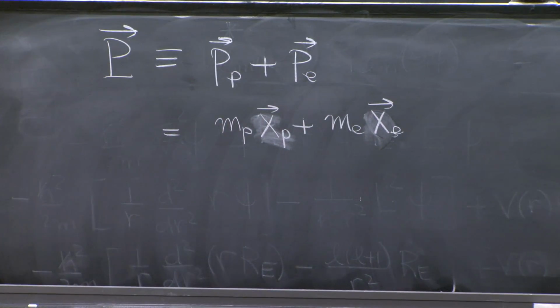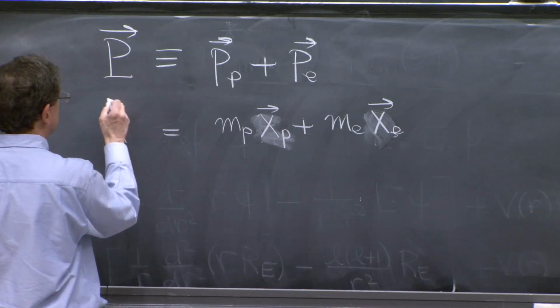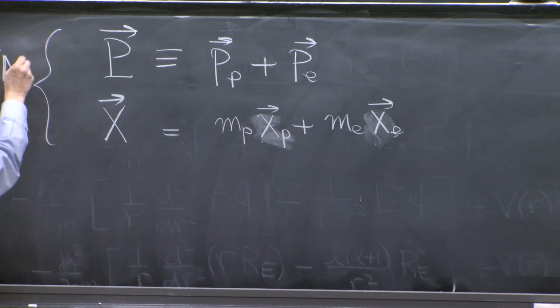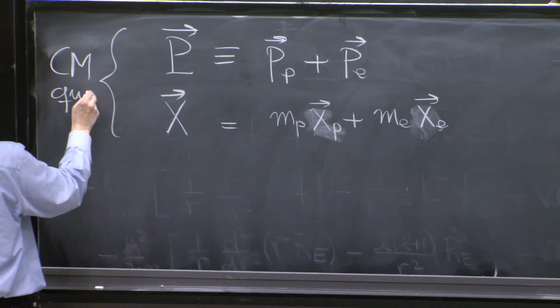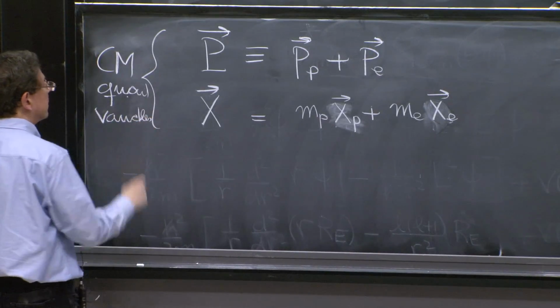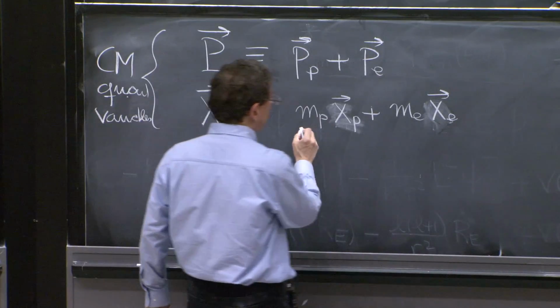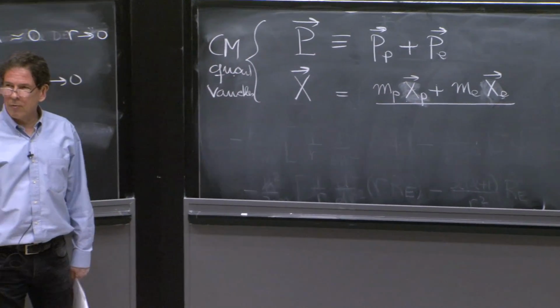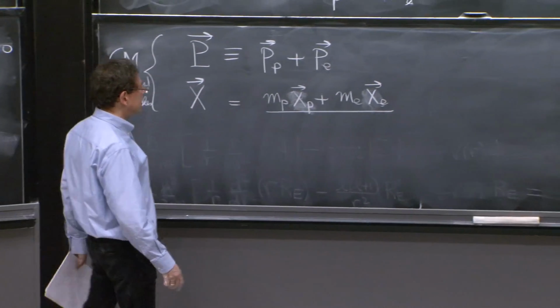associated to the mass, and this, of course, would not have the right units, doesn't have units of coordinate, so this is the center of mass. So this will be center of mass quantum variables. And in order to have units, you must divide by a mass. So it's not too unreasonable to put the sum of masses here.